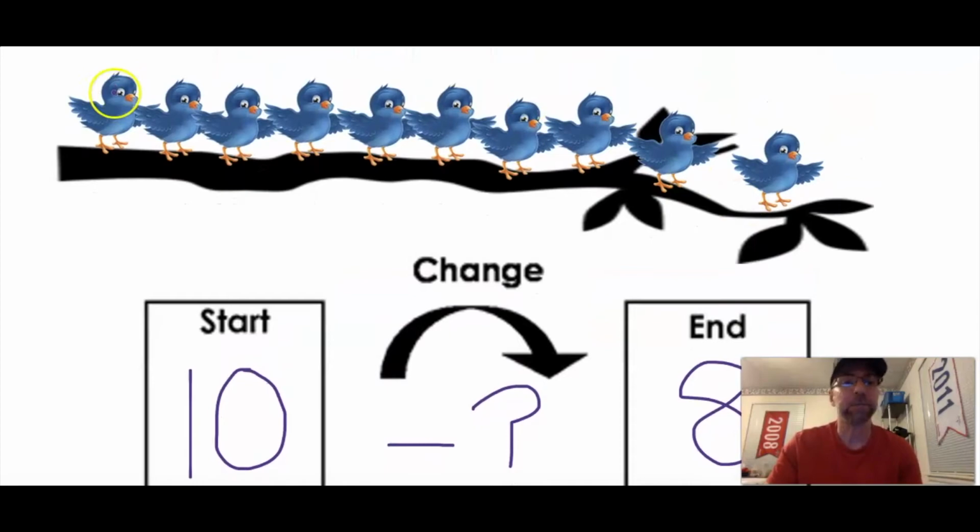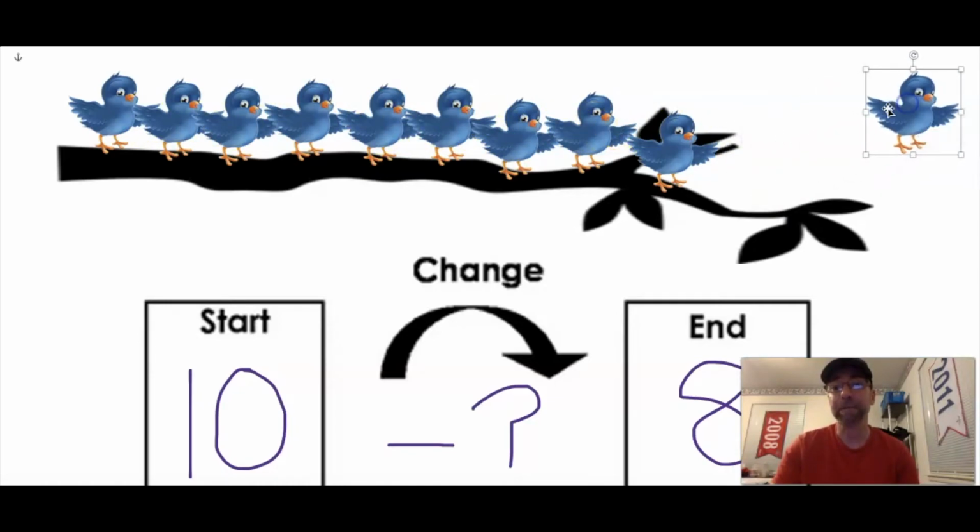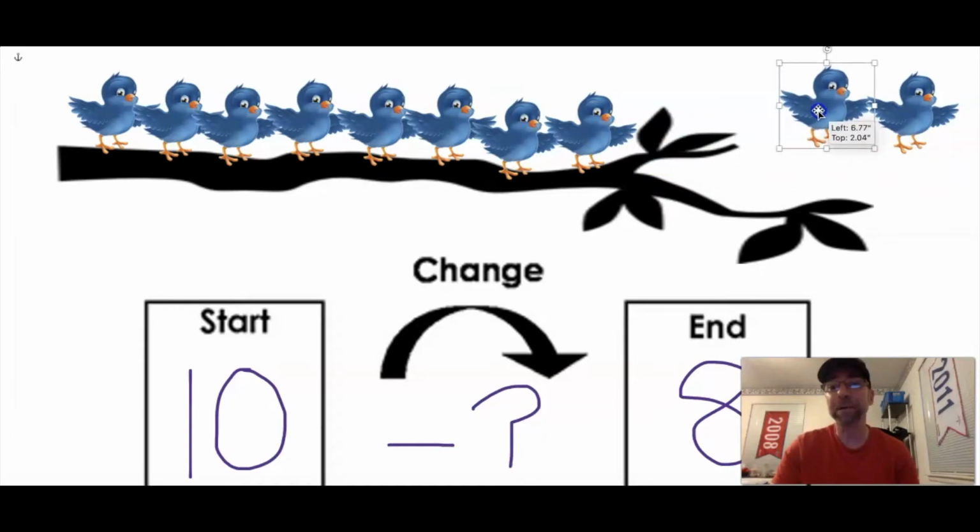How many flew away? Let's take a look at my picture. My picture shows 10 birds. Now, at the end, I only have 8 birds left. That means anything else flew away. So let's count 8 birds. 1, 2, 3, 4, 5, 6, 7, 8. These birds stayed. That means this bird and this bird flew away.